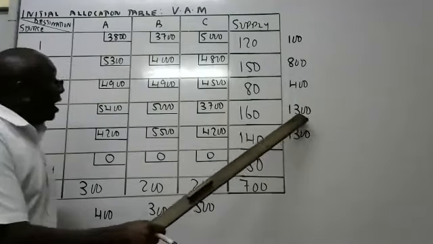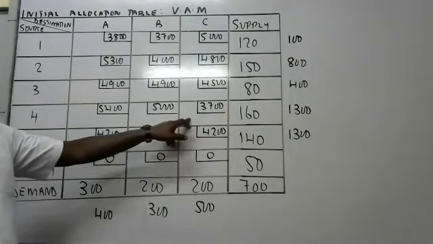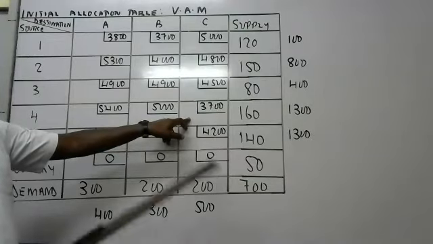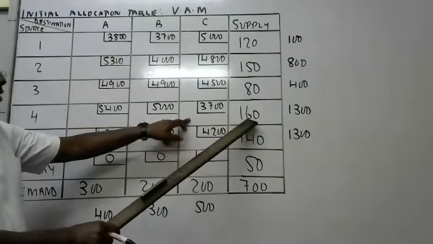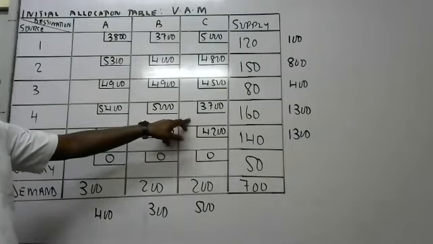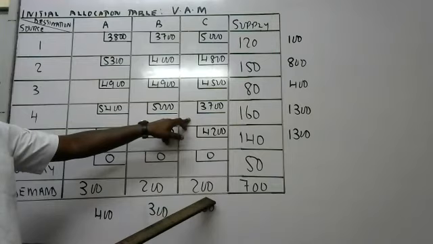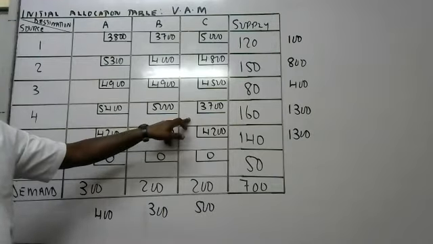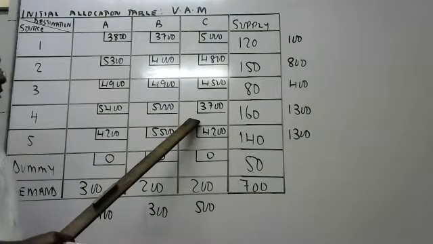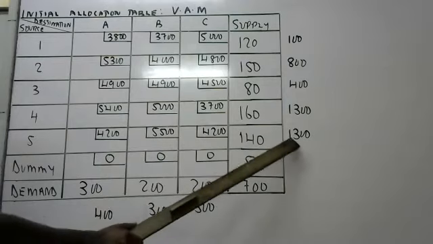So this one is coming from this cell. The available supply is 160. The unsatisfied demand is 200. So the smaller of the two is 160. So we can put how many here? 160.